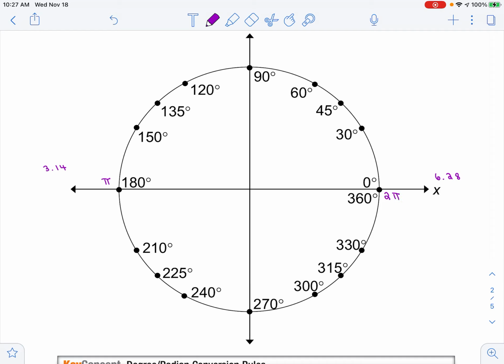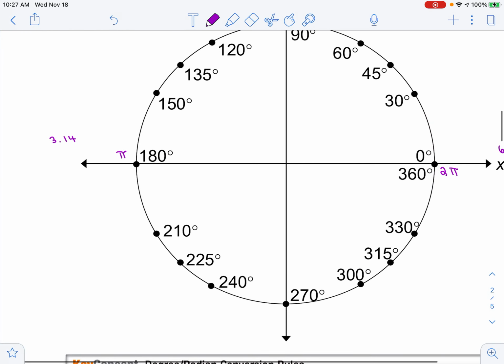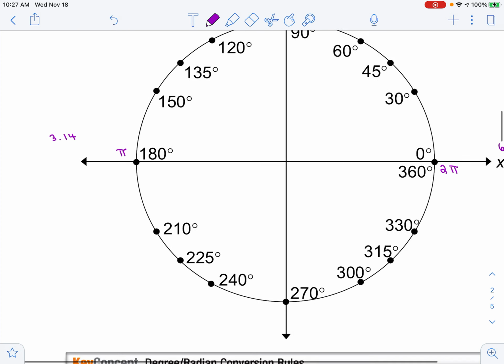So one thing that you guys have learned is this idea of a radian, and that to go around an entire circle, it's 360 degrees, but that's equivalent to 2 pi radians. Now, we will go through together how to label the rest of these using radians, but the key idea here is that if you want to convert from degrees to radians or radians to degrees, you have to have an understanding of one of these two, or any of the ones that you get from the unit circle, but the connection between the units.